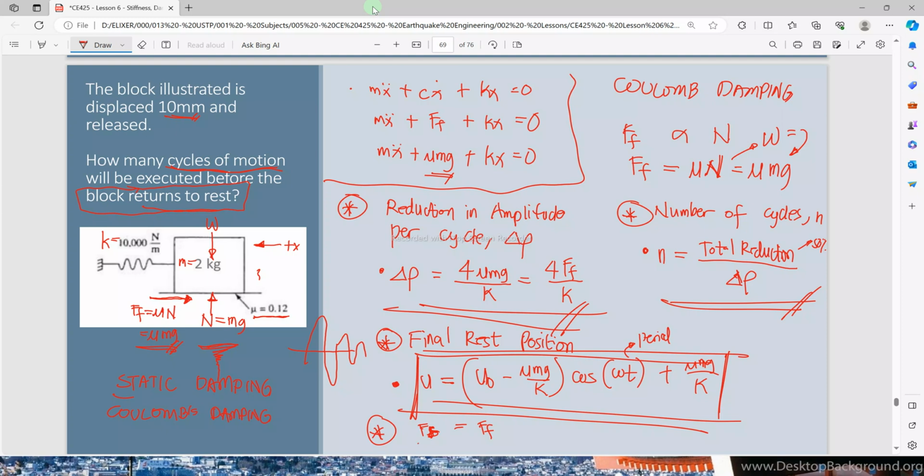That's why we have k u equal to mu mg. So our final position can also be solved with mu mg over k. Okay?